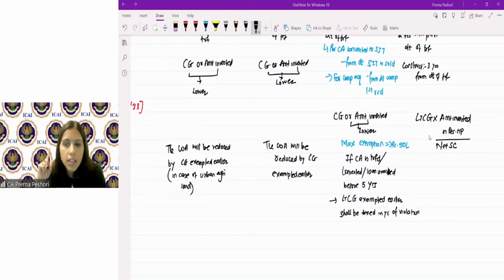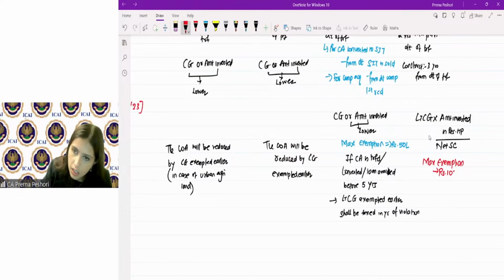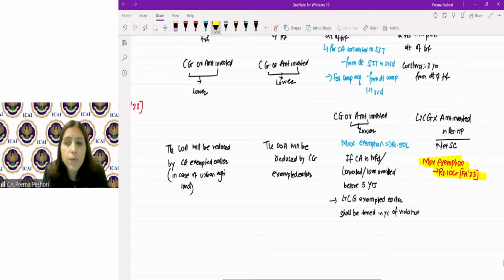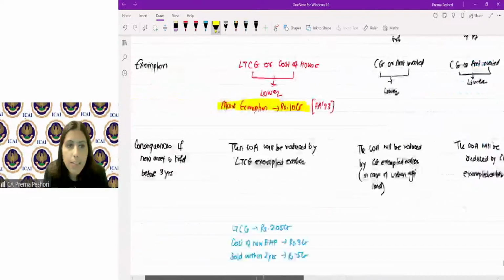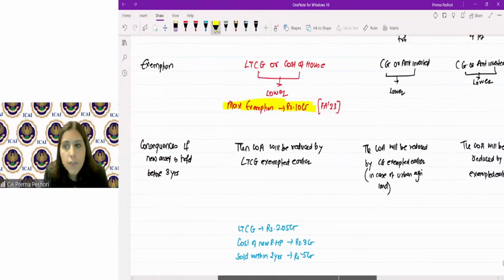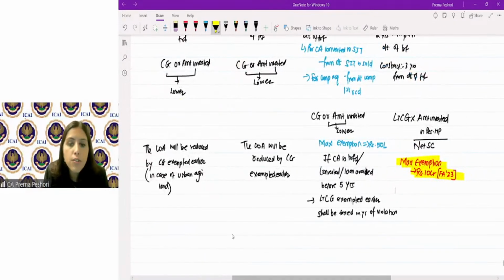But the amount invested, the maximum exemption which is available over here, that is rupees 10 crore. So maximum exemption, this is the amendment of 2023 under 54 and 54F. So if you remember, that day we spoke about 54 as well, that the maximum exemption will be rupees 10 crore. Even under 54F, the maximum exemption is rupees 10 crore.